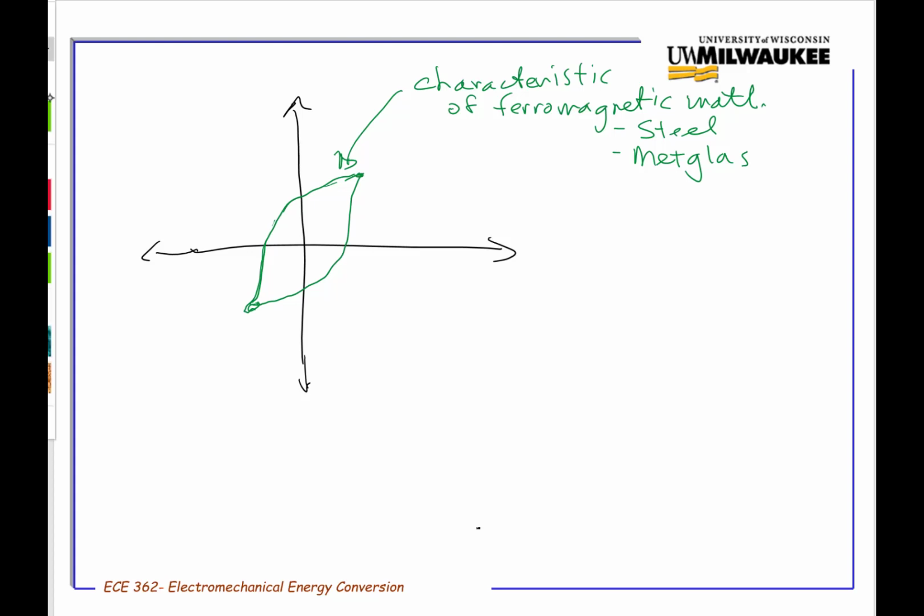Now I'll use a lighter green. I'm going to draw a different hysteresis curve. This is a characteristic of a ferrimagnetic material.